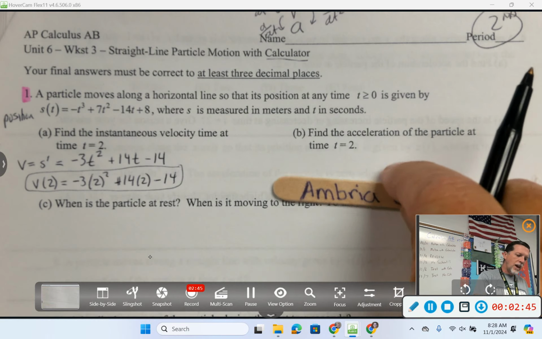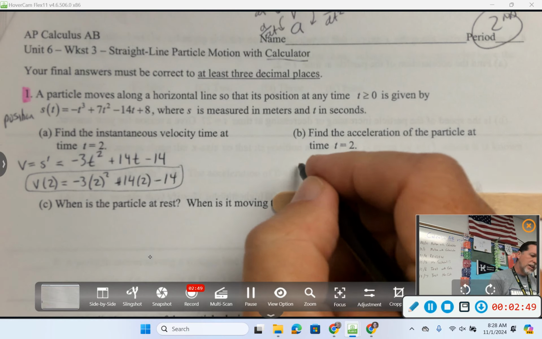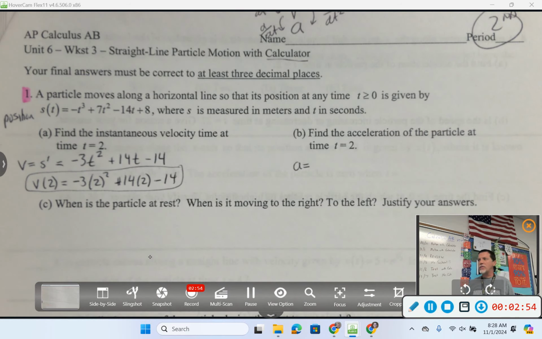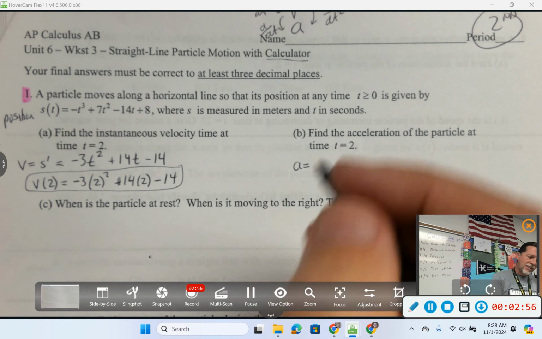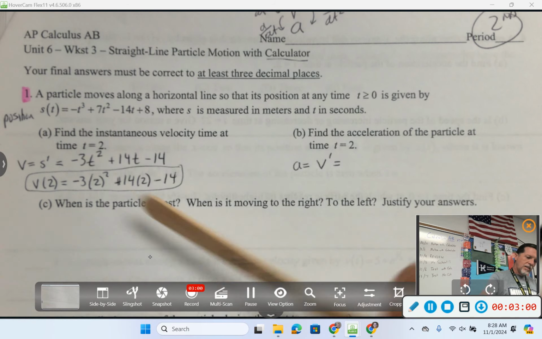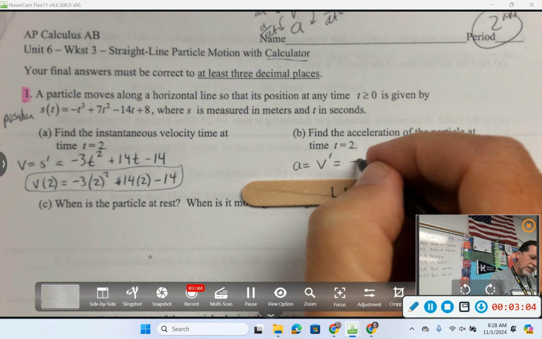Ambria, what should I do to find the acceleration of the particle? Take the second derivative of position, which is the same thing as the derivative of velocity. So, Lexi, what is the derivative of velocity? Negative 6t plus 14.